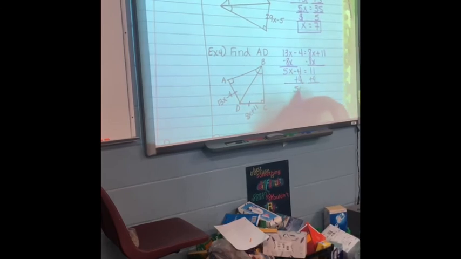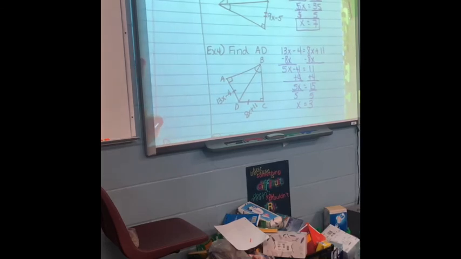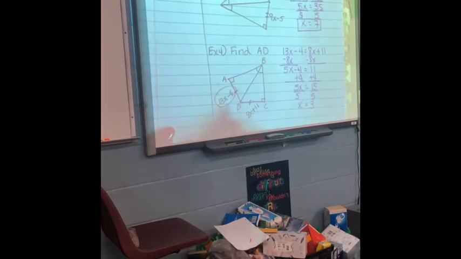And I get 5x equal to 15. And x equal to 3. Is that what they asked me for? No, ma'am. They asked me for who? AD. So I've got to plug in 3 times 13 minus 4, and that gives me 35.